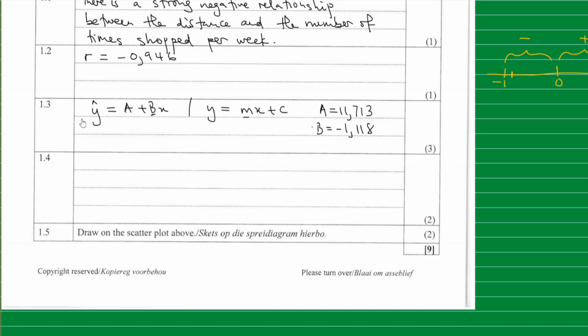So which means therefore our y will be equal to A, which is 11.713, minus B, which is minus 1.118 times x. X being the number of kilometers that the shop is away, and Y being the number of visits.